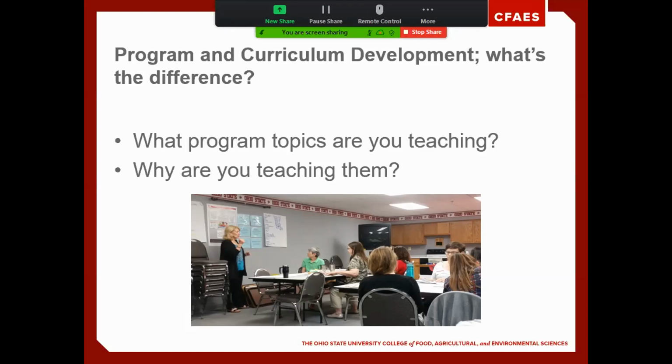Some may be because somebody in the county next to me thought this would be a really cool thing, or somebody in my office thought this would be a topic we could all work on. That's how we build a stronger team, and we each take a component and move forward. But just because we're teaching those doesn't mean that it becomes part of a total curriculum development.